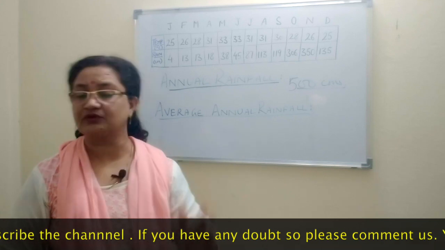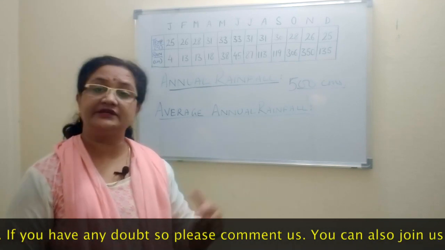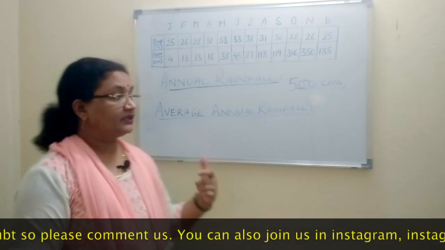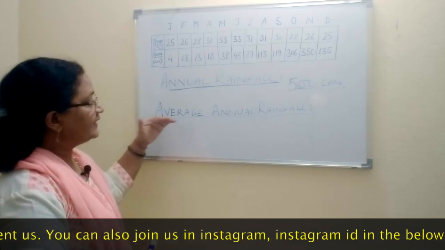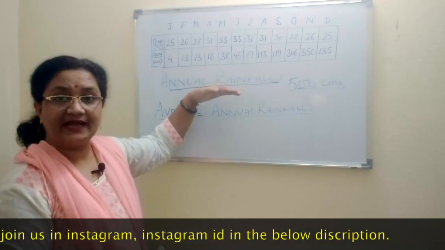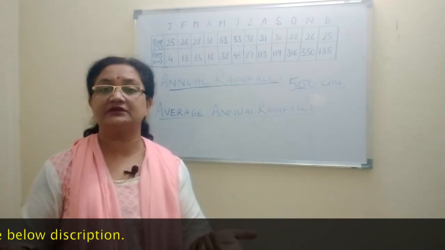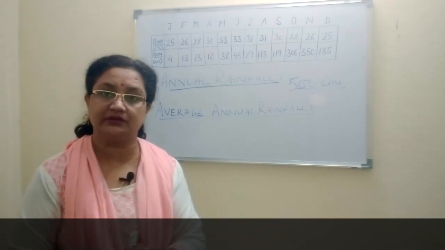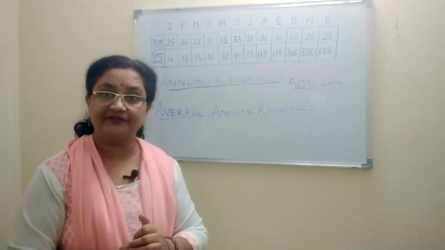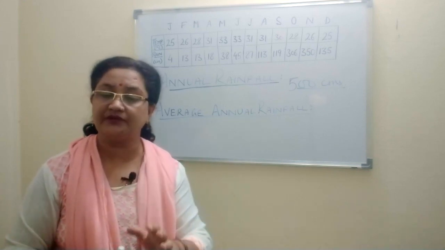Right? So this is now clear to you. Another question related to this may come, that find out the average annual rainfall. This was annual rainfall. Now you have to find out the average annual rainfall. You all know it very well, I think.